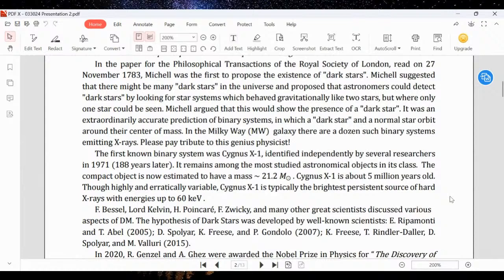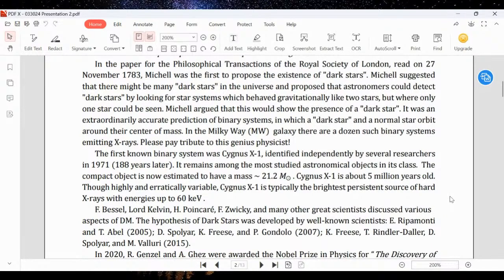The first known binary system was Cygnus X-1, identified independently by several researchers in 1971, 188 years later. Can you believe it? It remains among the most studied astronomical objects in its class.